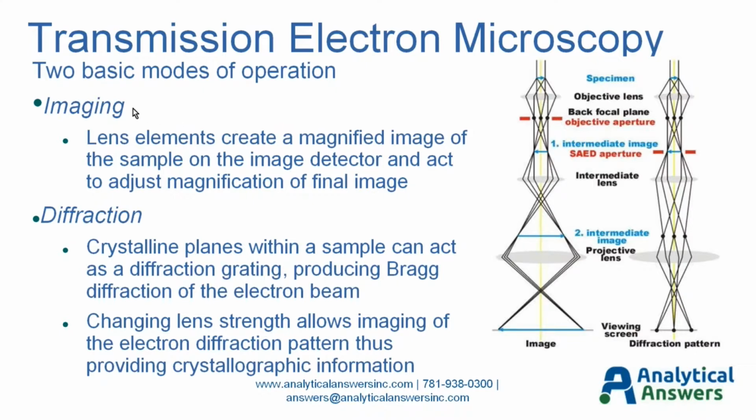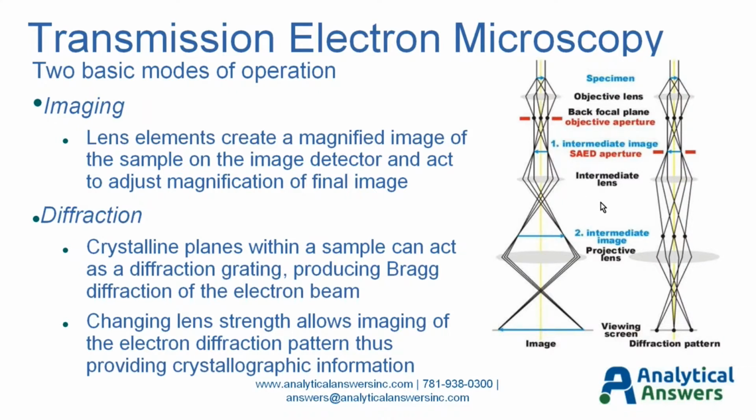First off, obviously we want to do imaging, and those lens elements, as I mentioned before, act to create a magnified image on the viewing screen or the image capture camera. We can adjust the magnification of that image by changing the strengths of these lenses, and TEMs will typically offer magnifications up to 1,000,000x or greater.